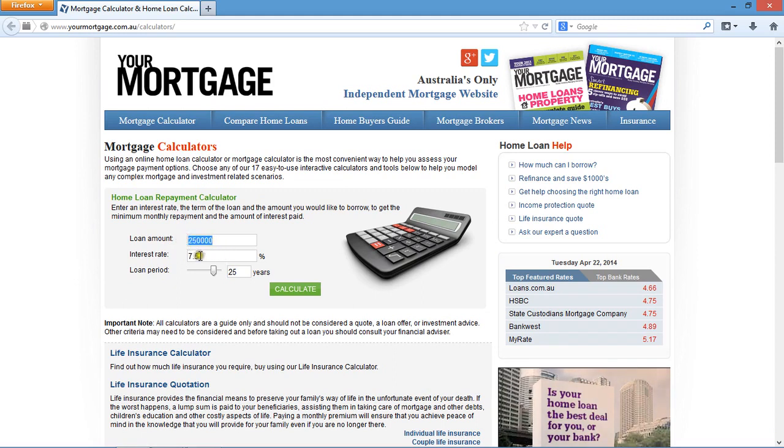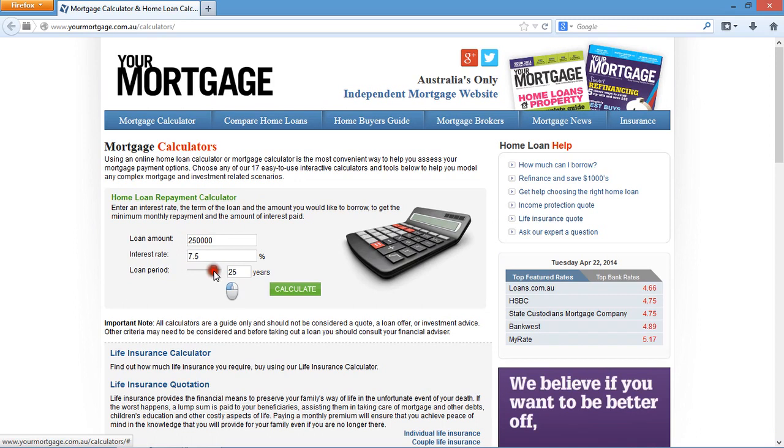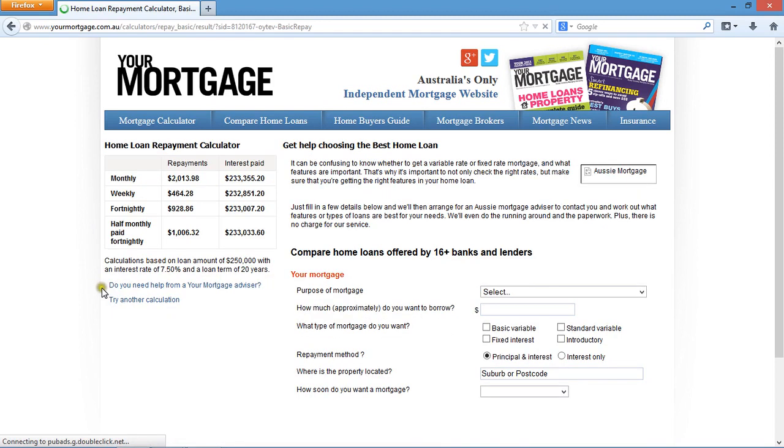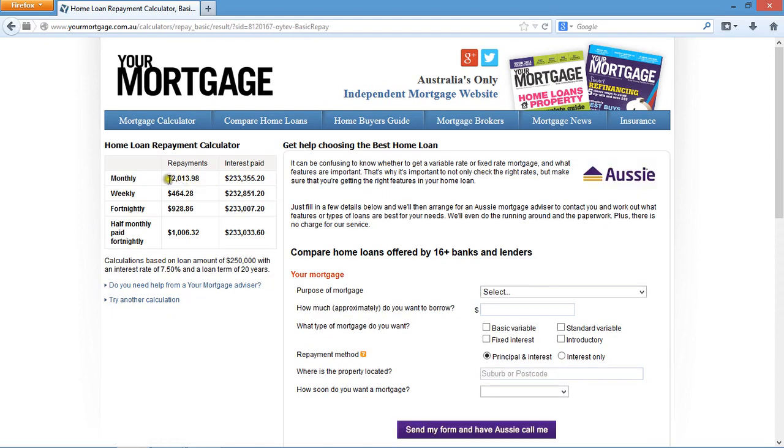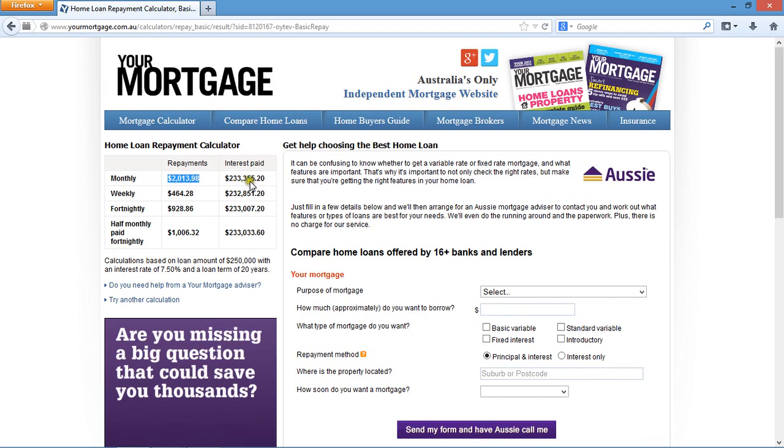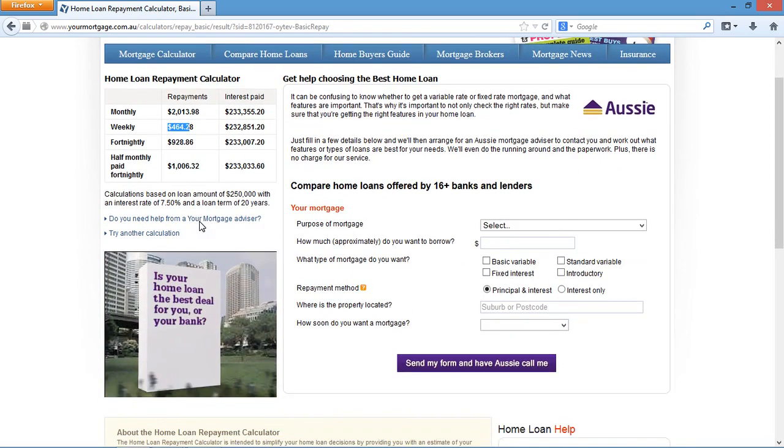If you enter the loan amount, the interest rate and the loan period and then calculate, it gives you your monthly repayments, your weekly repayments and everything, right?